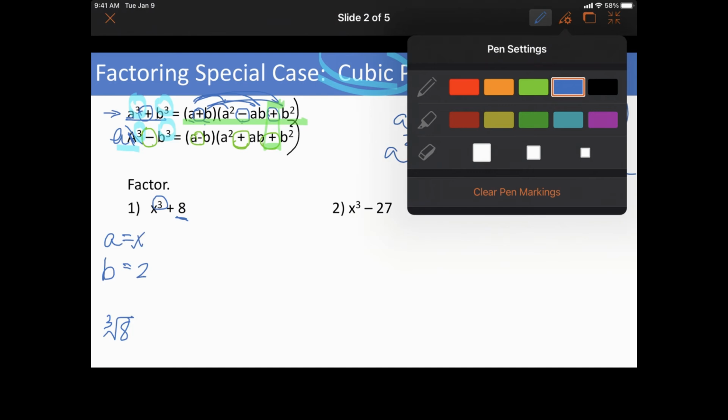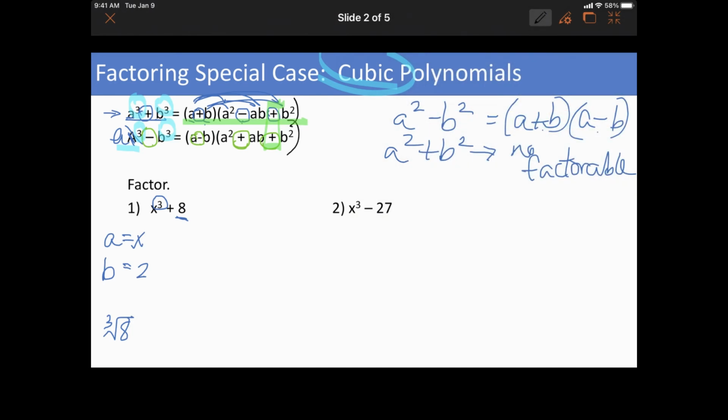Once you find that, then you just put it in. Now it's plus, so I'm going to use this top one. So it says a plus b, so it's x plus 2. A squared, that's going to be x squared, minus a times b, which is, and don't write x2. If you write this, we know better, right?